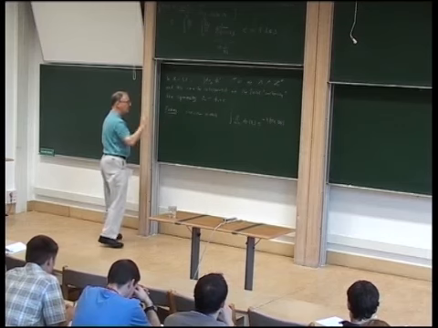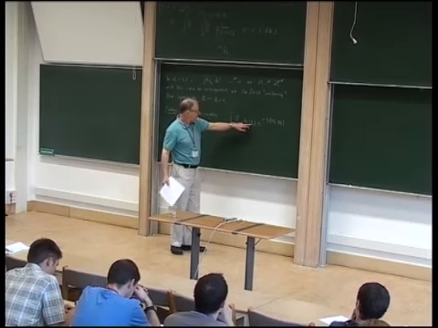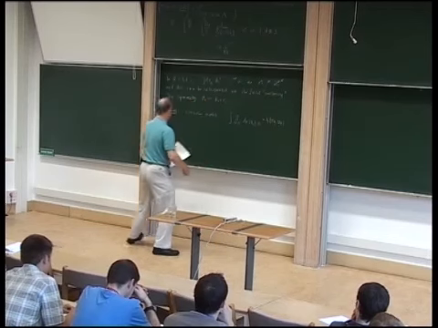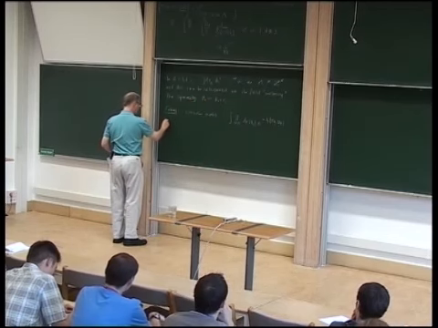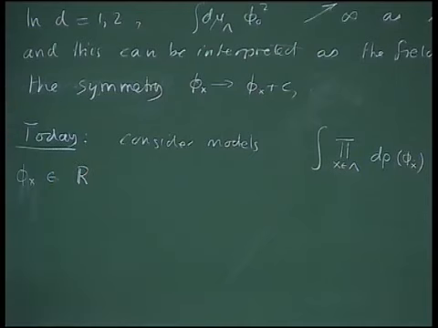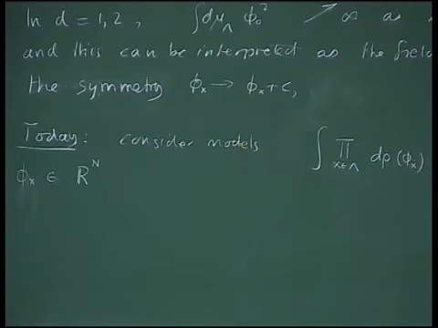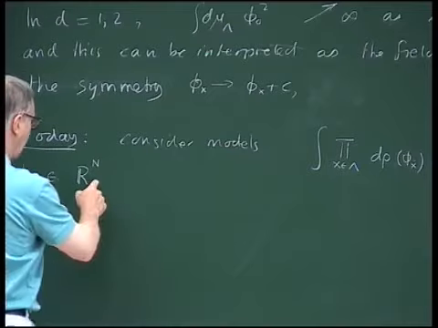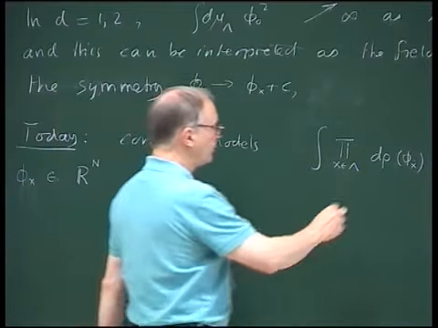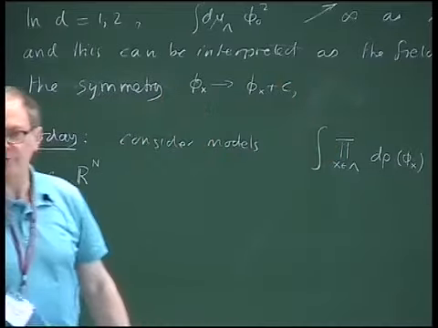Well, before we have examples, I want to emphasize that I want to take this phi of x to be vector valued. Phi of x takes values not in the reals like I had up until now, but in R to the capital N, which for some reason is a traditional letter to use for the number of components of a field. I could of course put little vector signs over the phi's, but I want you to remember that they are in fact vectors now.